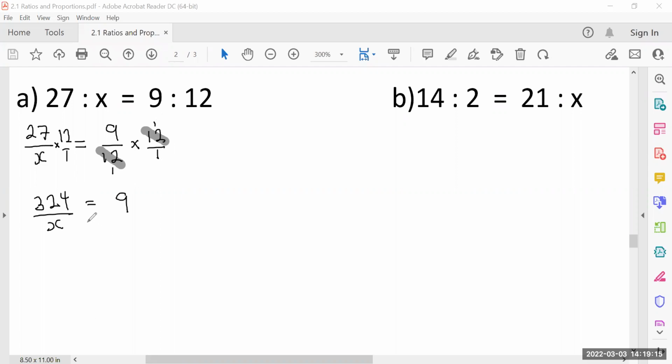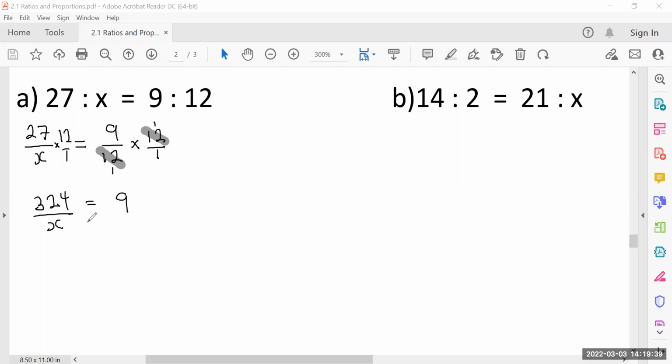Let's do it again. Let's say you don't like fractions, and I know most of you don't. How do I get rid of a division of x? It's the same thing. What's the opposite of division of x?